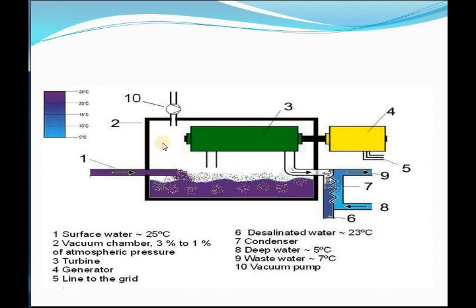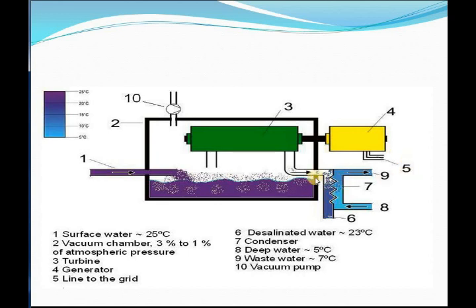It is pumped to the vacuum chamber, where it is flash evaporated and produces a spray of liquid. The pressure of this boiling water goes to the turbine, and the steam produced is used to run the turbine and generate electricity. The electricity is passed to the utility grid or wherever it is utilized.